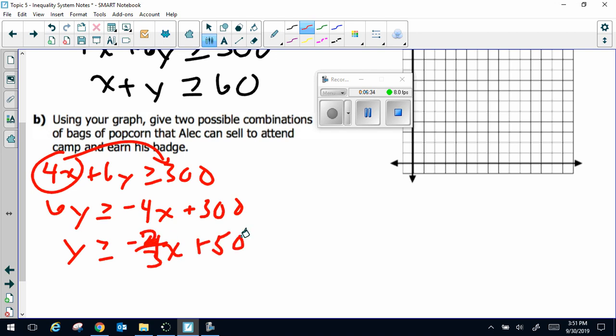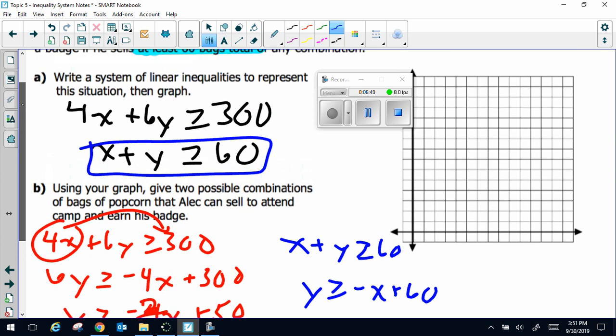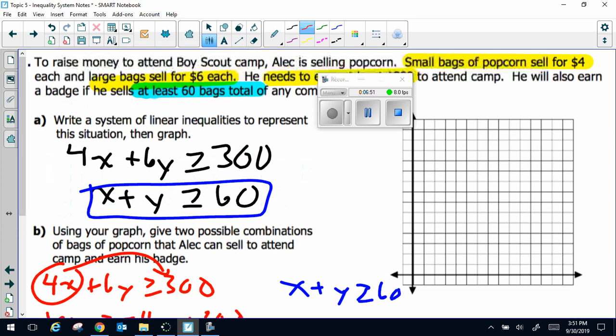Okay, then the other one, when you rearrange it, so you could graph those two. You can choose your scale. I'm going to go by ones on the bottom, and I'm going to go by 5s.